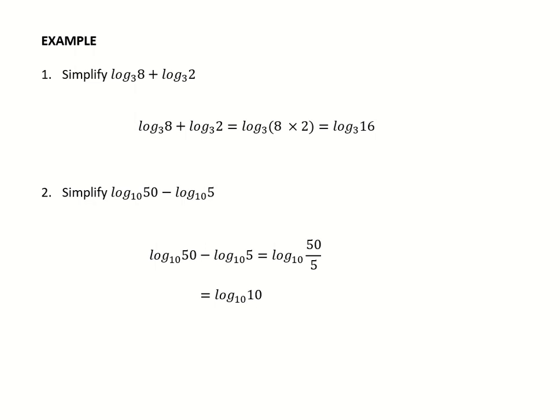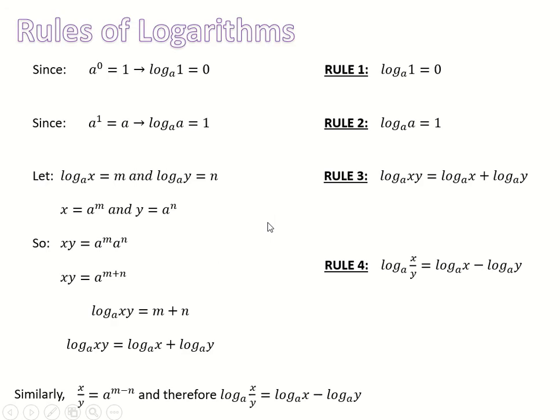Going back to those rules from earlier, if we have log of base 10 of 10, if these two numbers match up, then that overall is just 1. In the same way that if we had 10 to the power of 1, it's just 10. Because we rearranged this into logs, we know that log of base 10 of 10 is just 1. Log of base sausage of sausage is just 1. That's what you need to spot. This is what you need to look out for. So these rules.